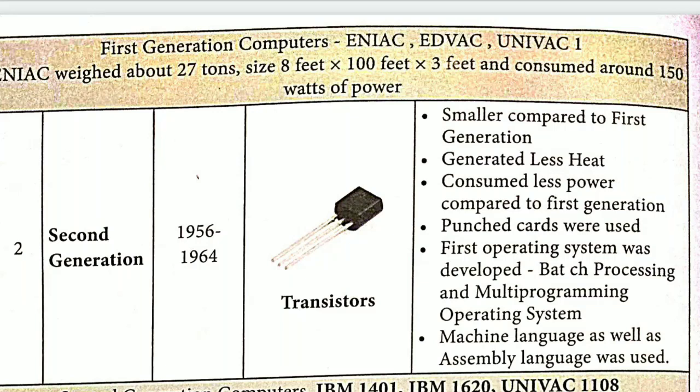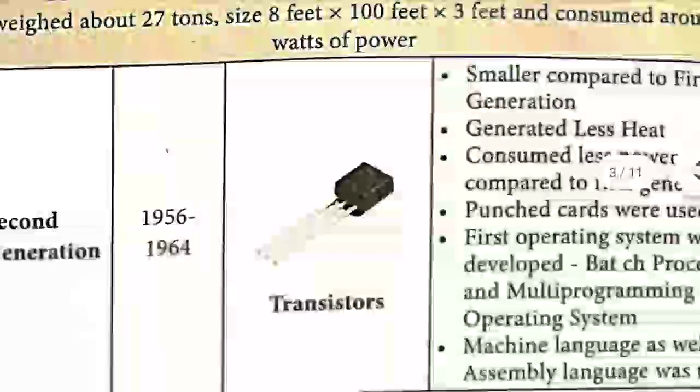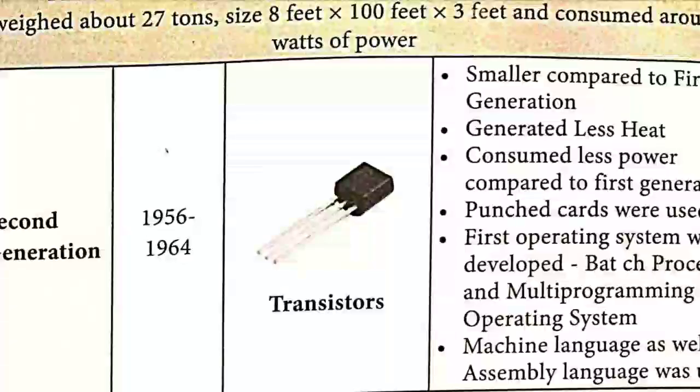There are three terminals in it. One is for input, one is for output, and one will act as a switch. If the switch is on, then you will get the output voltage from the output end. If the switch is off, you will not get the output from the output terminal.